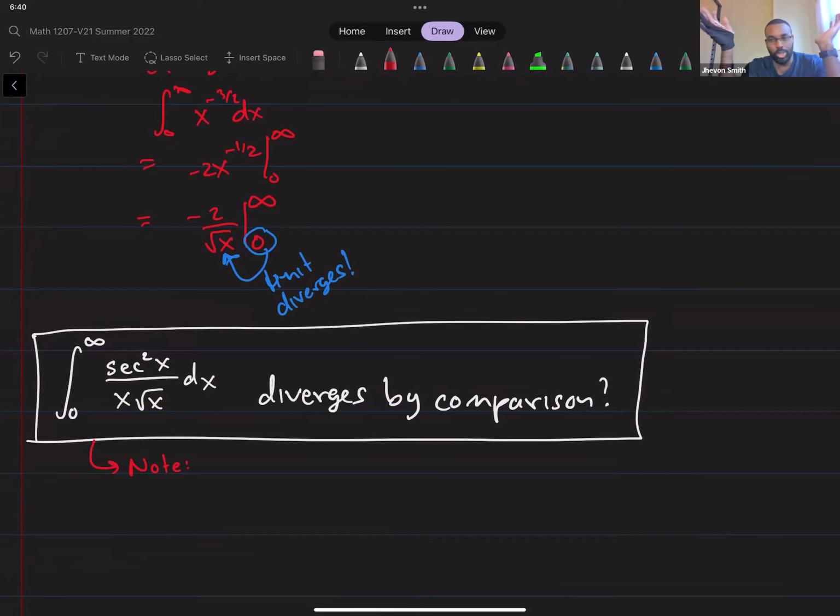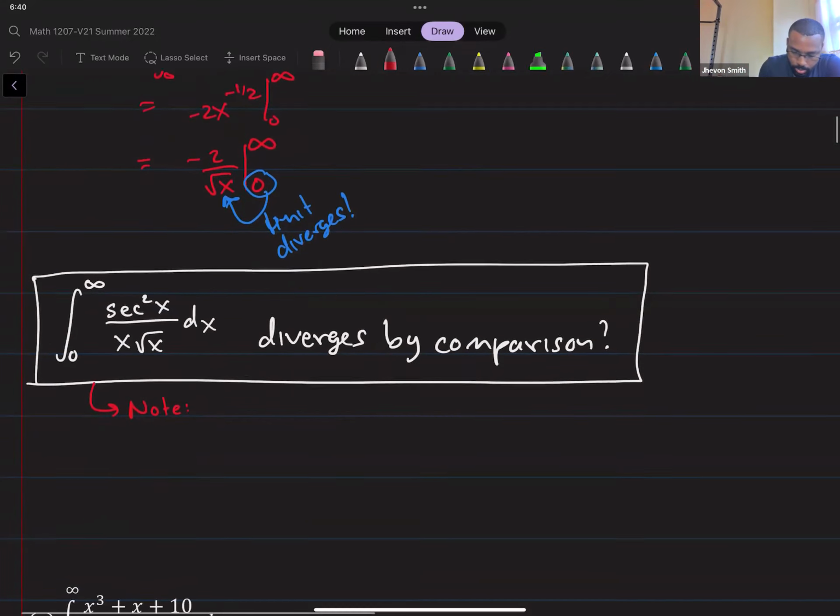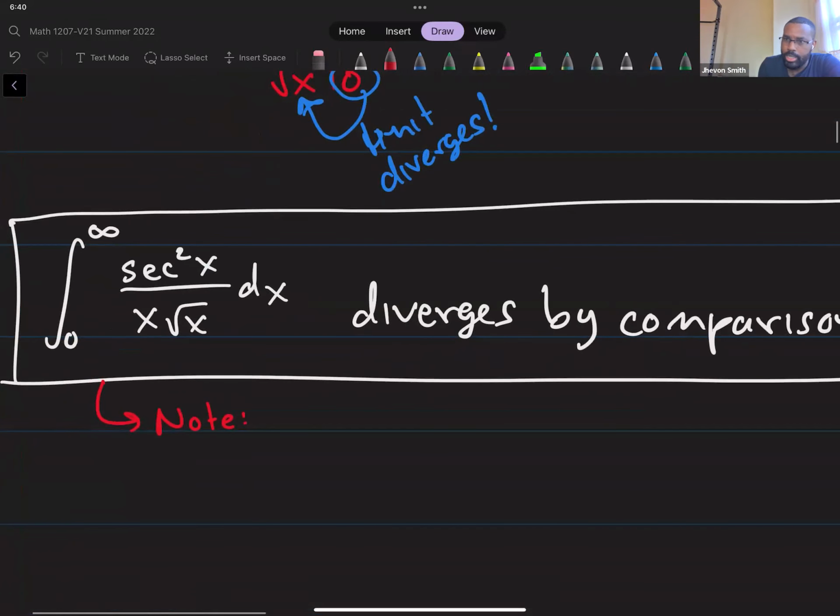There are situations in which the direct comparison test will work, but the limit comparison test won't work. And yeah, in a Calc 2 class, often it's the other way around, but it doesn't have to be, right? So, and this is a pretty standard problem. I actually stole this problem from your textbook because it was an example in one of those practice problems I asked you. So it's not even like, oh, I picked something way out of the ordinary that you'll never encounter. Like, no, this is a standard kind of problem. And the limit comparison test could not help you here.